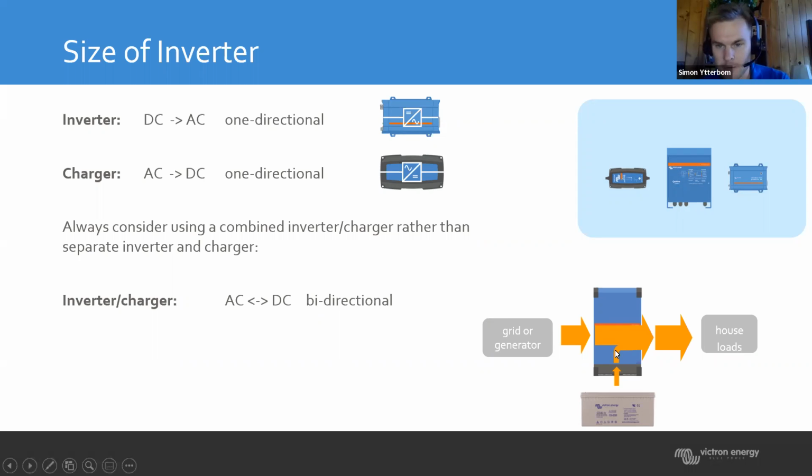If you are using an inverter charger, like in the picture down here, you can see that we are connecting this one in between the shore power or generator and our AC load panel. When we are connected to shore or generator, it will start passing through all that power to the AC load panel, so we're not using any battery power here. And if we have more power available from the shore or the grid, and we're not using all that's available there, it will start charging the battery.